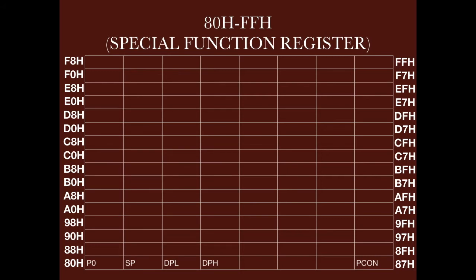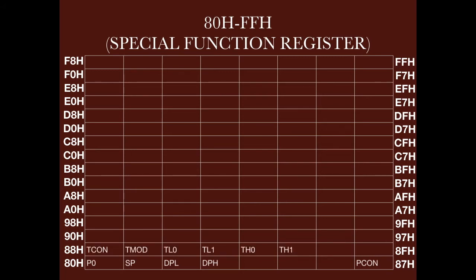The combination of these two gives us DPTR, the data pointer register, and lastly PCON controls the power mode of the 8051. So these are the 5 locations used for different purposes.